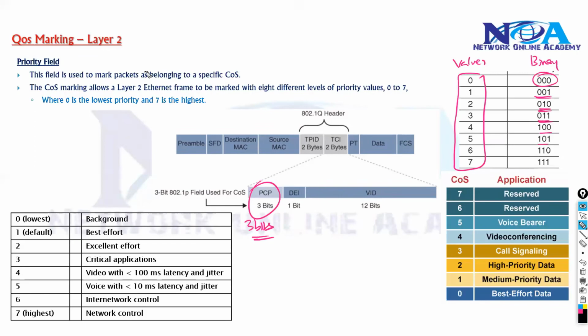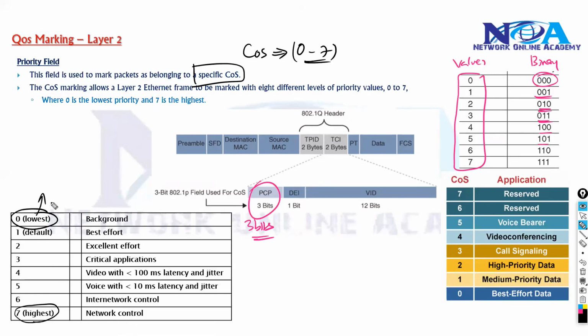Typically we call this the QoS value, the layer 2 marking value, or class of service value. The range is from 0 to 7, where 7 is considered high priority traffic and 0 is considered the least priority traffic.